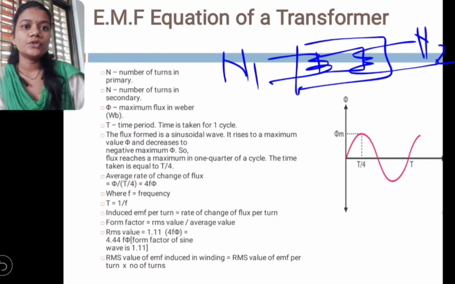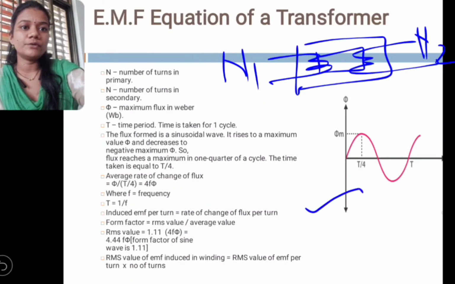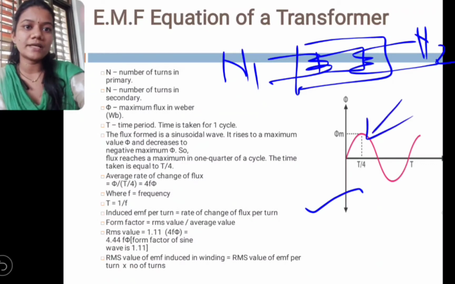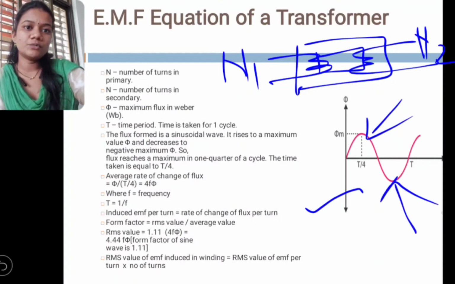Phi is nothing but the maximum flux. T is your time period. The flux form in the transformer is a sinusoidal wave, so it rises to a maximum value of phi and decreases to the negative maximum of phi.